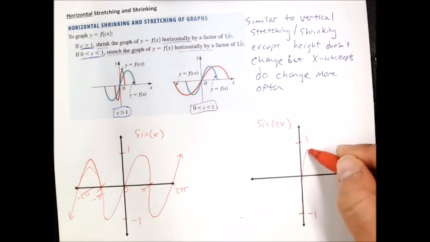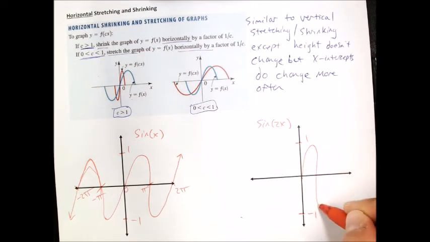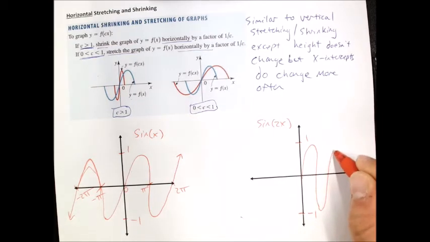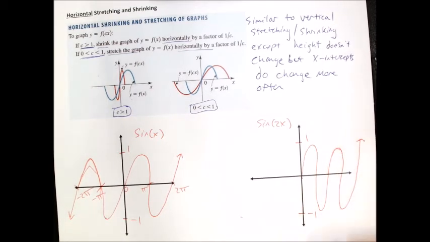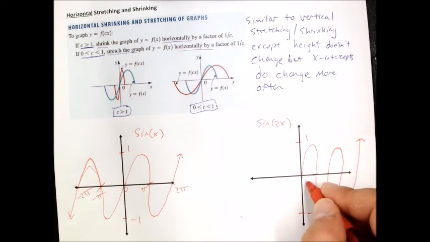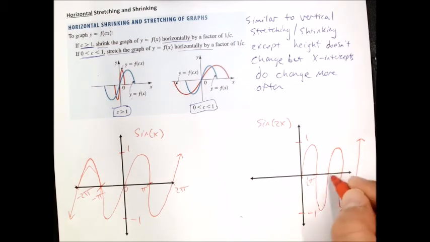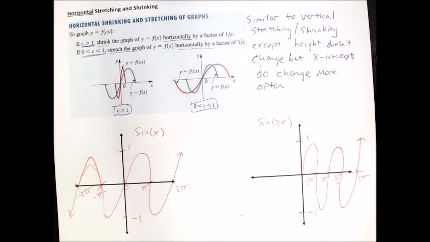So I'm going to do it like this. I'm going to have 1, 2. They should all have the same height if you can. And so instead of going through at 0 and 2 pi, we have twice as many, and so we have 1/2 pi, pi, 3/2 pi, and then this would be 2 pi. And so we have twice as much stuff going on, twice as many intercepts.